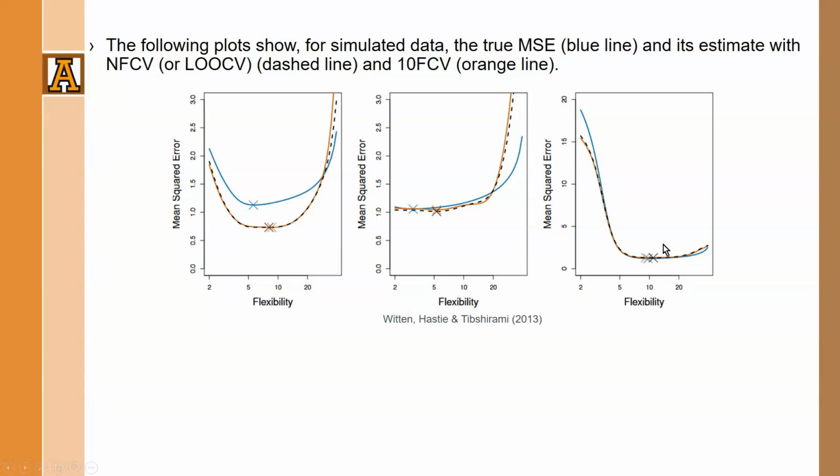Teacher, I'm not sure if I'm following what flexibility is. Flexibility, think of a parameter, for example, think of cost in a support vector machine, or think of K in K nearest neighbor. So if K is very small, I have a lot of flexibility in the model.